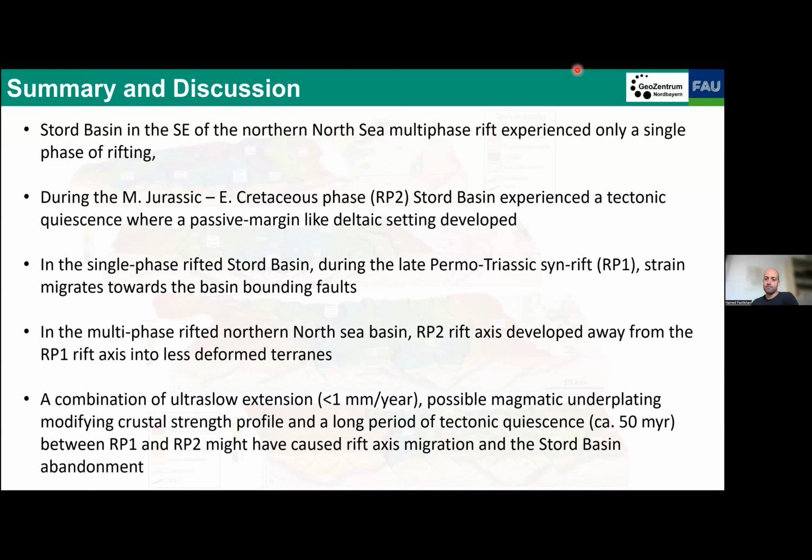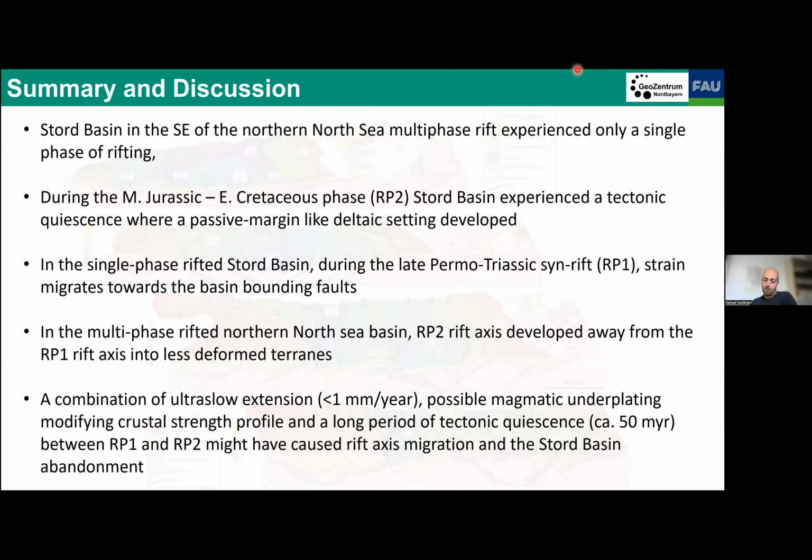We have rifting that lasted almost 40 million years, and looking at the amount of extension, we are at about 1 millimeter per year. So this is basically an ultra slow extension. If we add on some magmatic underplating and also tectonic quiescence between two rift phases, these three factors together might have influenced this rift axis migration.